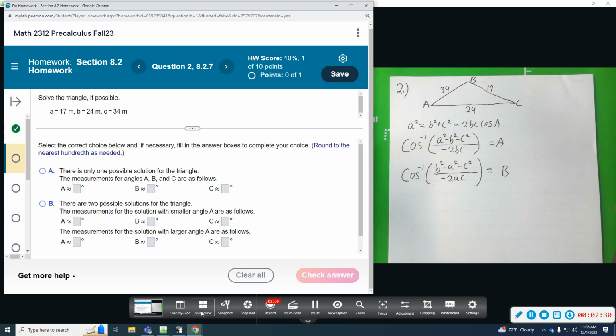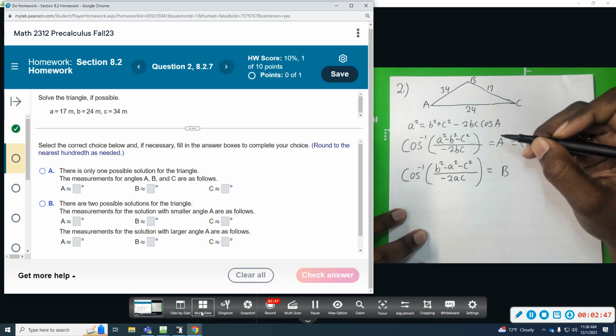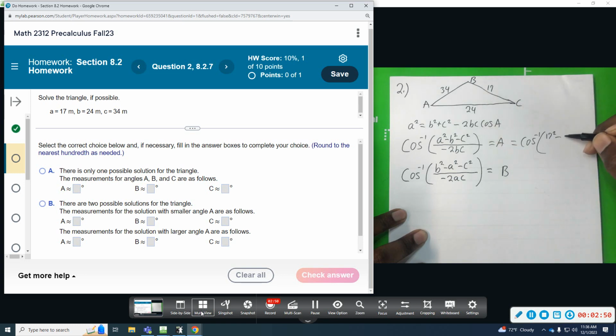So these are going to be my setups. This is going to be equal to cosine inverse. A is 17. B is 24. And C is 34. Negative 2, 24, 34.